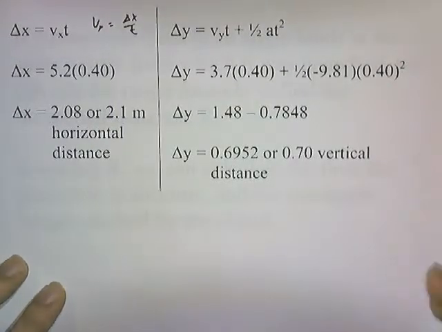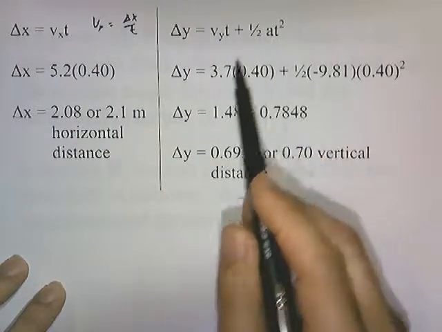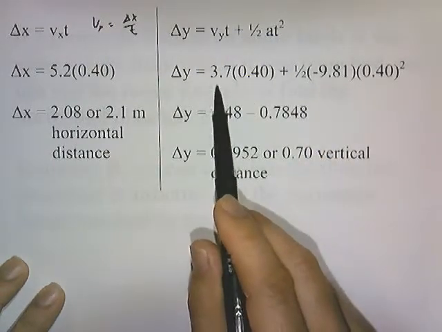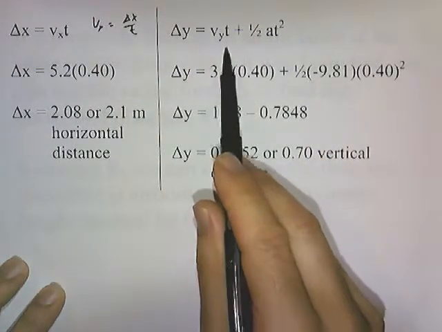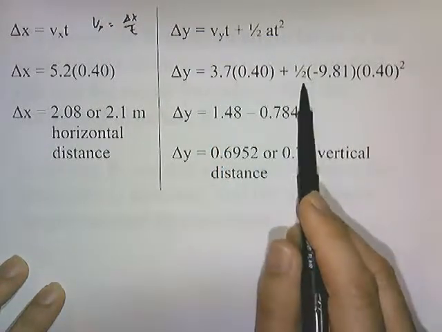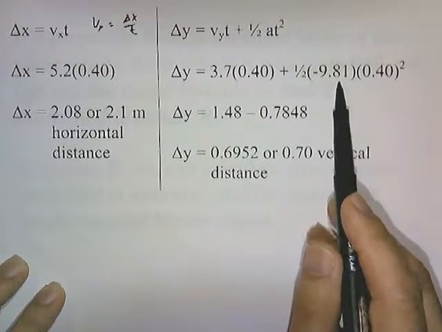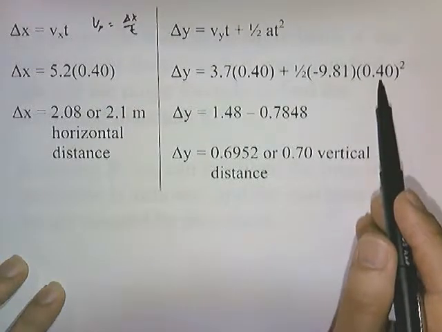Let's find the vertical change. Delta y equals vyt plus 1/2 at squared. Vy is 3.7, that's what we solved for previously, over a time period of 0.4, plus 1/2 a, where the acceleration is negative 9.81, and the time is 0.4.